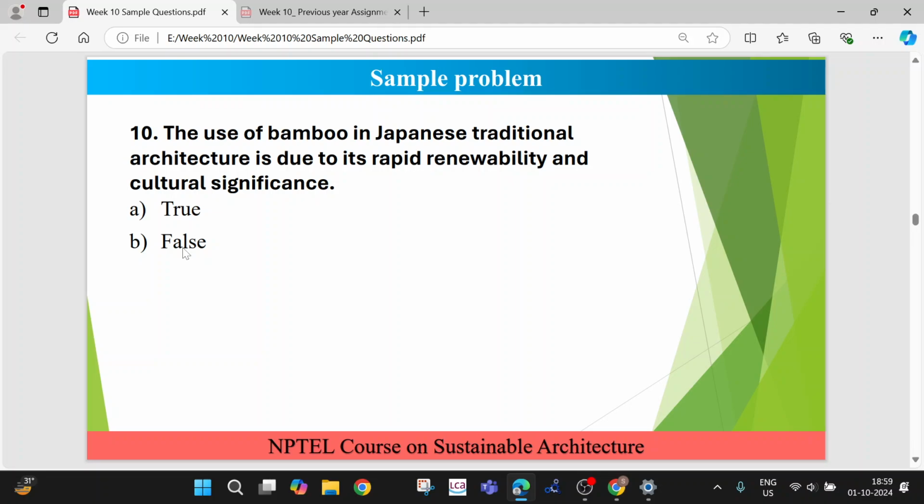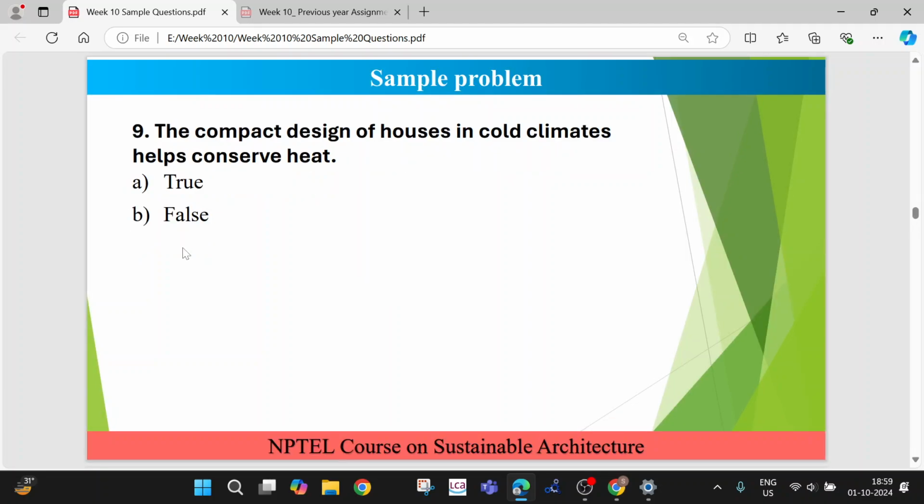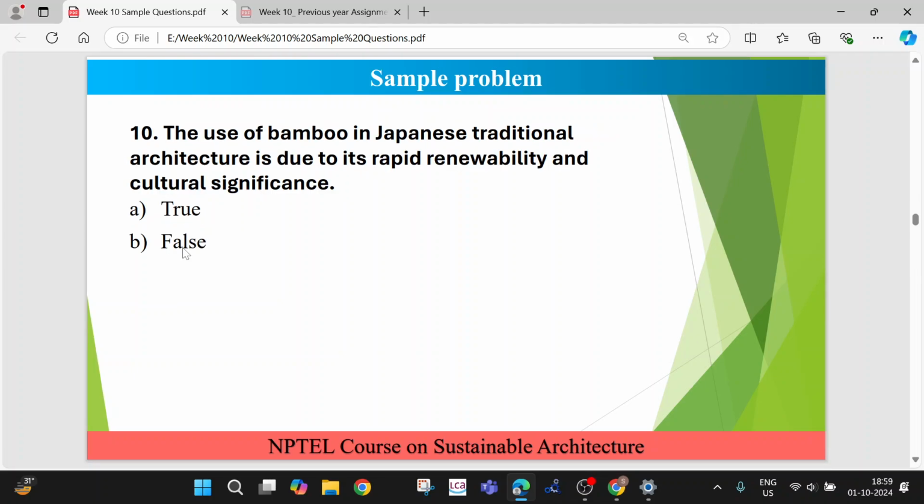So the ninth answer is true, sir. Yeah, you can read it again, and try to answer it by yourself. Is it true or not? Yes, sir. So let's answer this question, question number 10. Is it true or false?